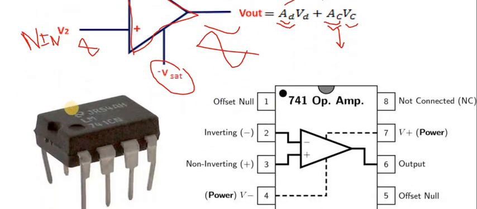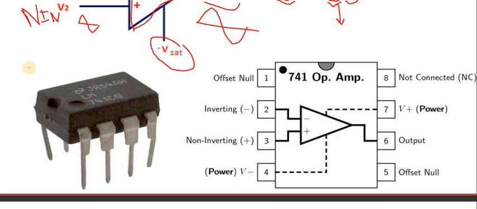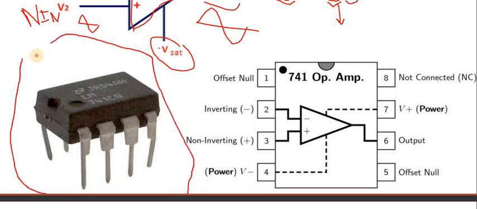But if in the lab you see the IC of OPAMP, it has 8 pins. It looks like this, an 8 pin IC. Usually in lab we use either 741 or 723, in most cases 741.